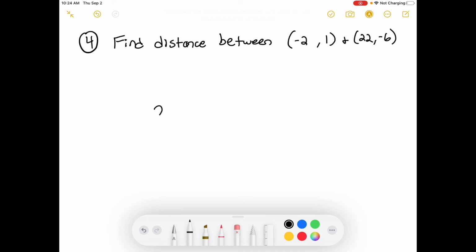That is 24. And how far is it from 1 to -6? That is 7. Well, if you know your triples, this is a 7, 24, 25. So it'll be 25 units from -2, 1 to 22, -6.